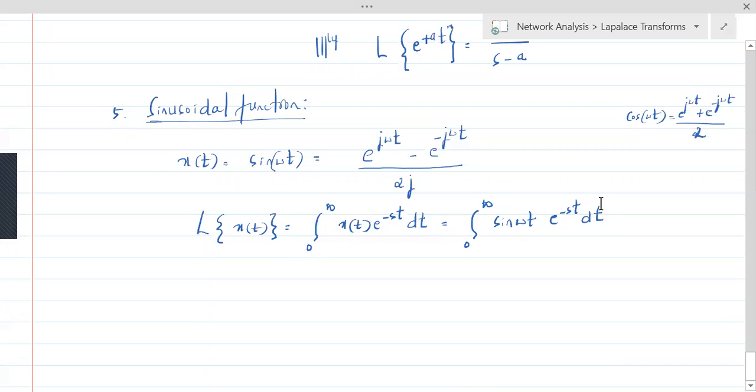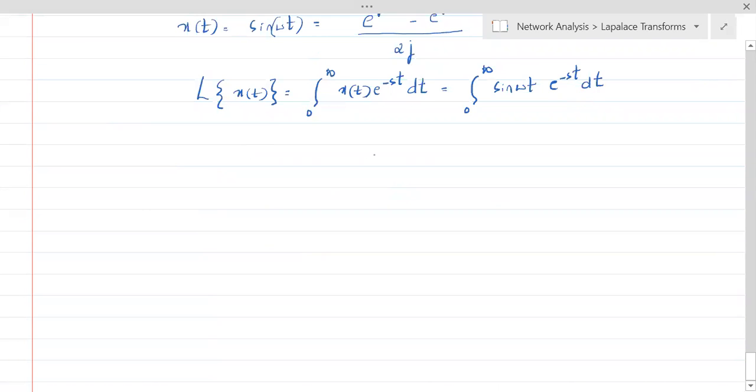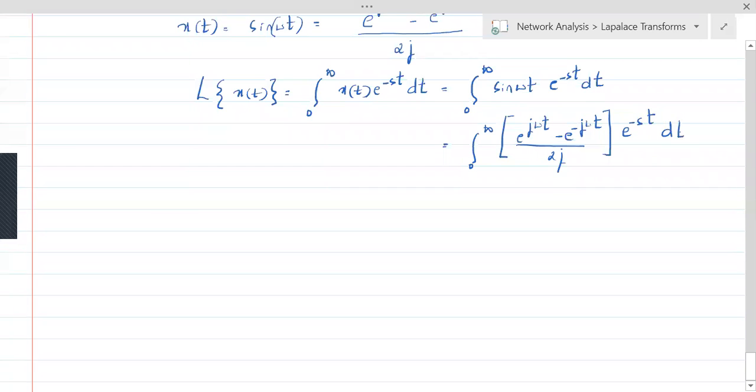But to make the thing simple, we are expressing this sinusoidal in terms of the complex exponentials. How can we do that? E power j omega t minus e power minus j omega t divided by 2j. This is what it is along with the exponential in the equation. Now, how can we rearrange this further?